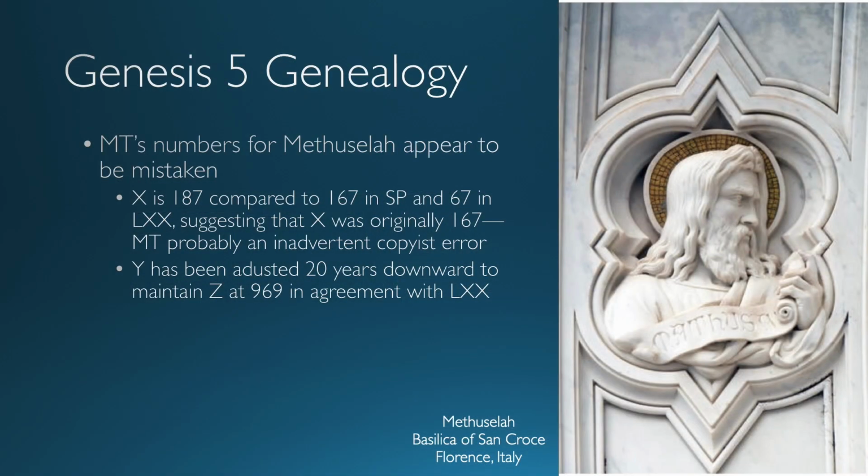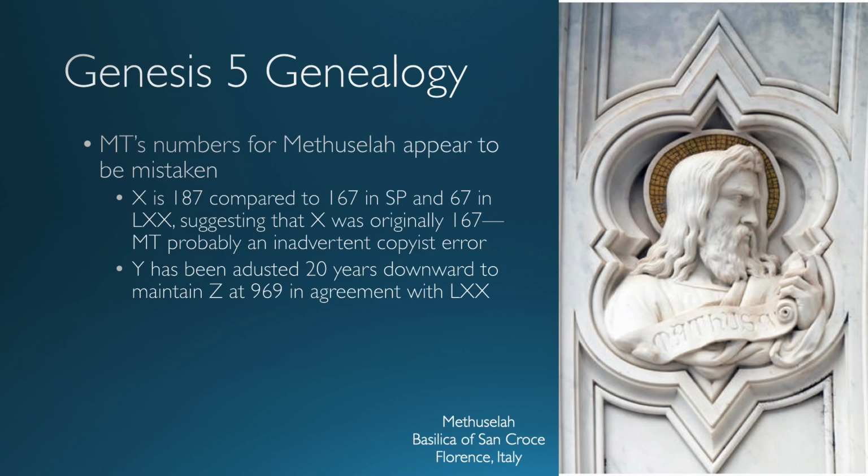Now, the Masoretic number for Methuselah appears to be mistaken. Again, I think 187, compared to 167 in the Samaritan Pentateuch and 67 in the Septuagint. Remember, they tend to be 100 apart, and this is 120. I think probably 167 is the correct number. And then whoever saw that 187 was put in the text, instead of adjusting it back to 167, adjusted the next number down 20 years to get back to the total.